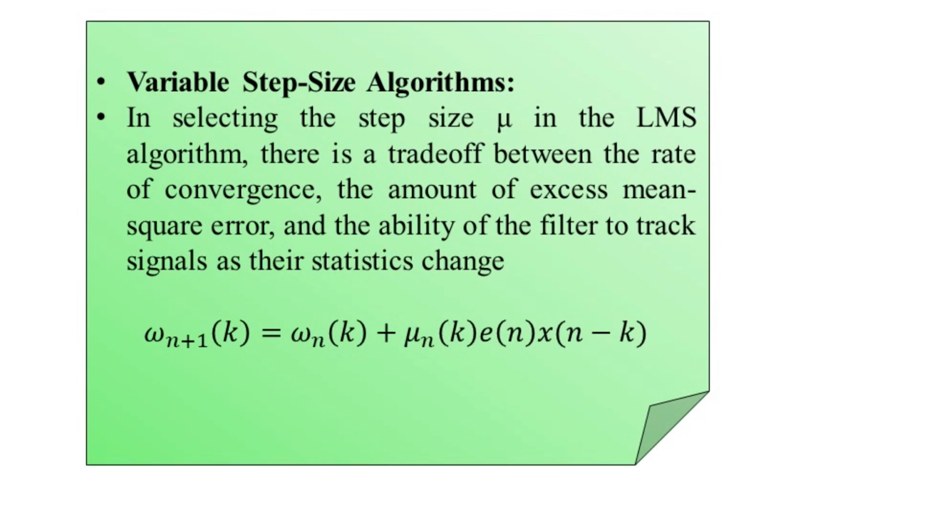The rules for making the adjustments to the step sizes are tied to the rate at which the gradient estimate changes its sign here, with the estimated gradient given by the expression, here we have the gradient of the square of the error signal E of n. It is equal to minus 2 multiplied by E of n into x of n minus k.